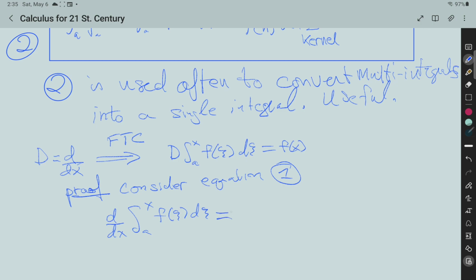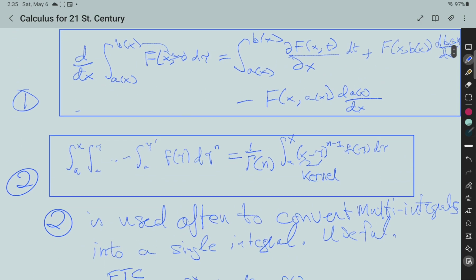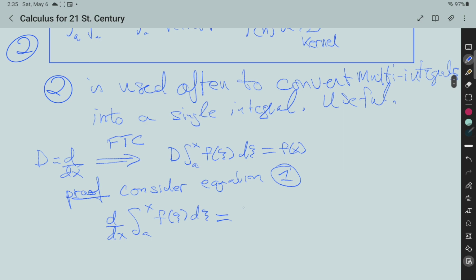Remember, equation 1 tells you that it's going to be the integral from a to x of the partial derivative of f of c with respect to x, dc, and then plus, I'm going to replace c in f of c with x, so f of x, and then I have to take dx by dx.